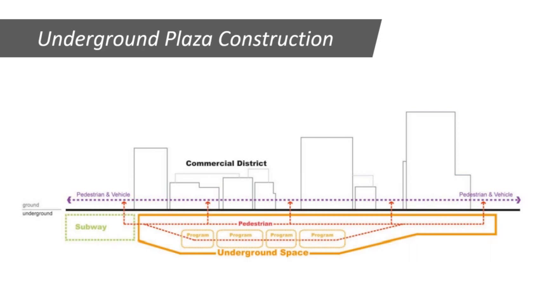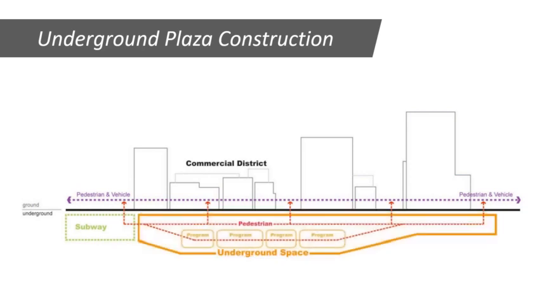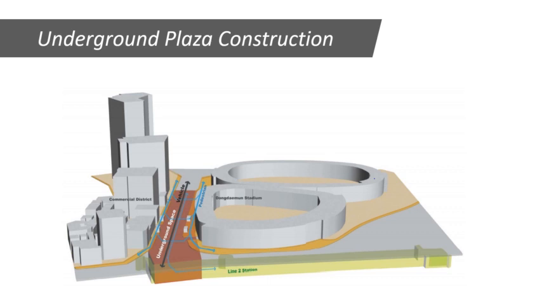Therefore, Seoul City implemented an integrated connection between the underground spaces. They created a connection underground space under DDP associated with the subway. This has resulted in 3 improvements. First, it activated the East-West Commercial District by connecting underground.